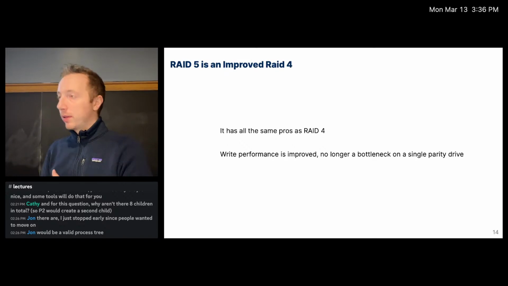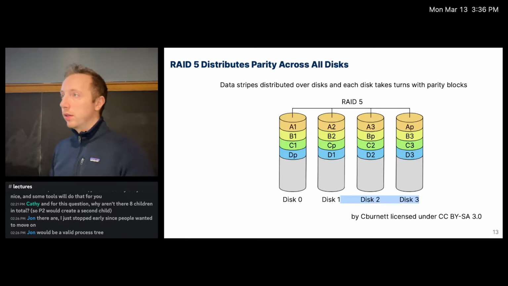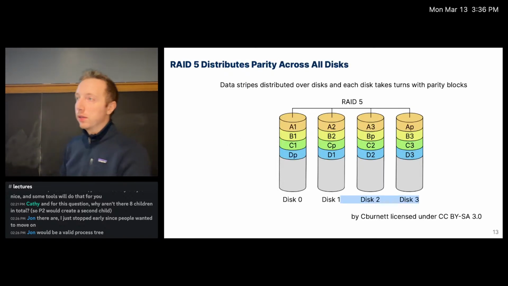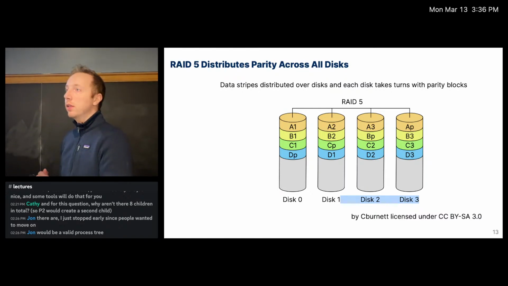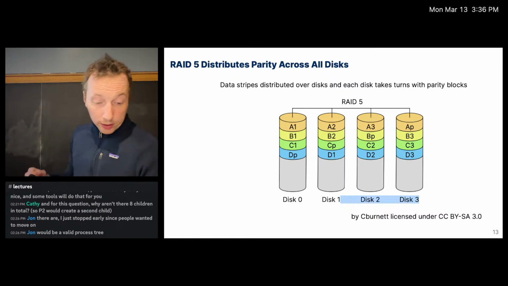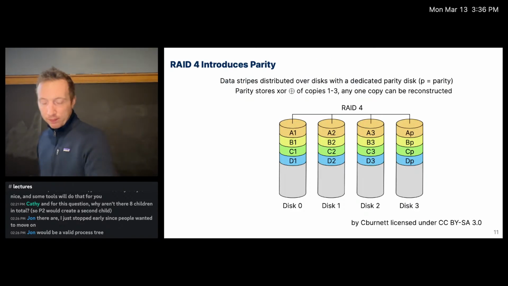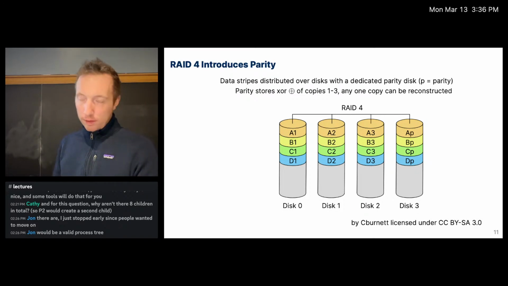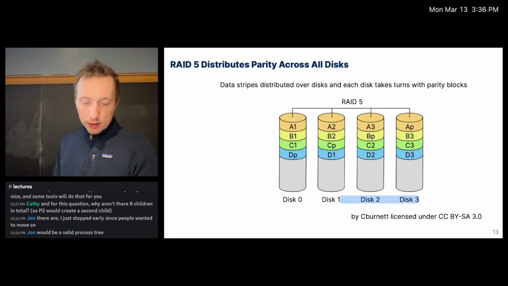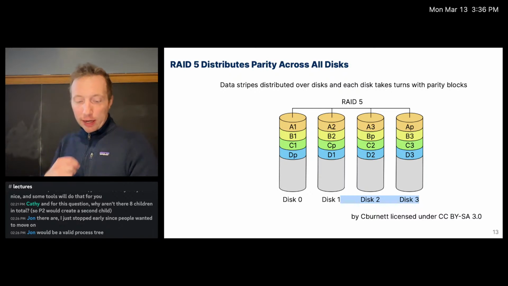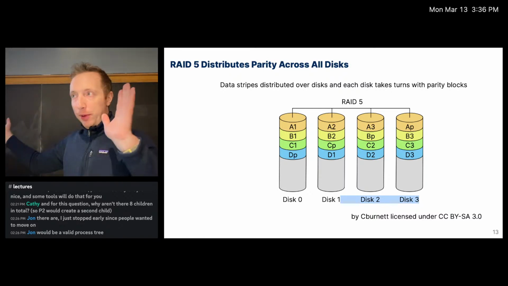Yep. So is accessing A1 and BP less computationally expensive than A1 and B3 like we do in RAID 4? Sorry? Like in RAID 4, we have to access 2 disks, but now in RAID 5, we have to access the same disk twice, and that's less expensive. Yeah, well, the idea is that it just be distributed across all of them.